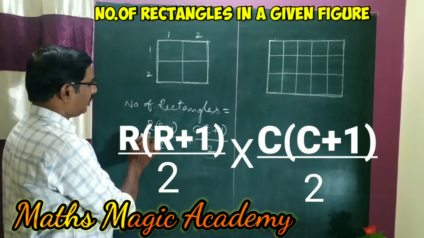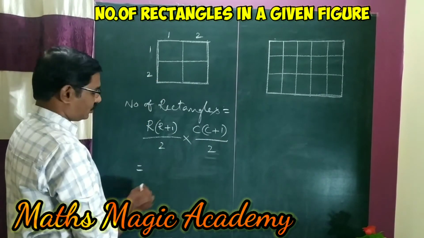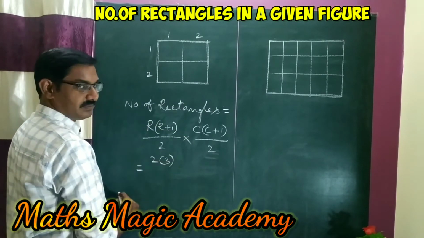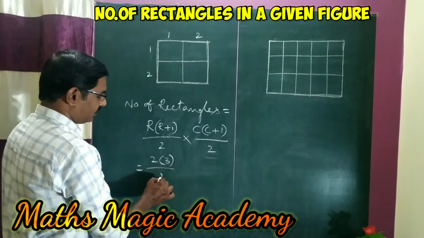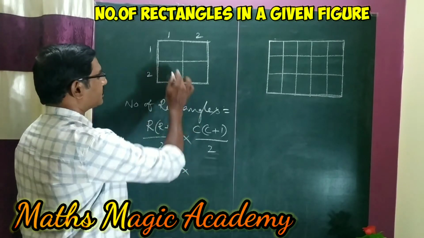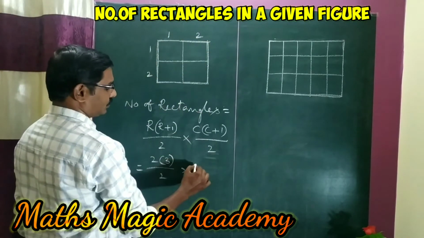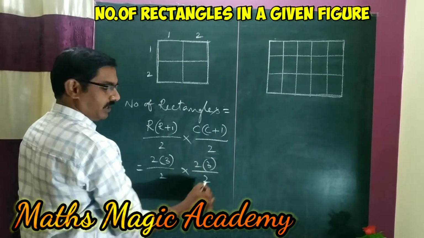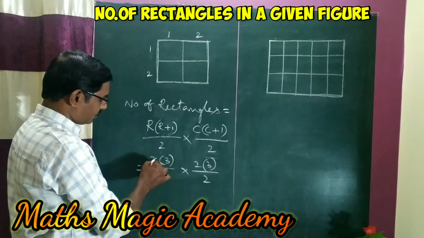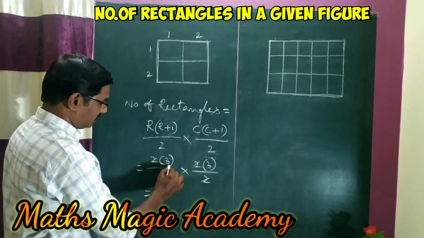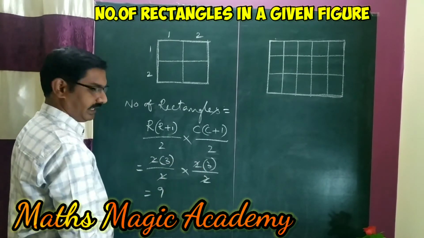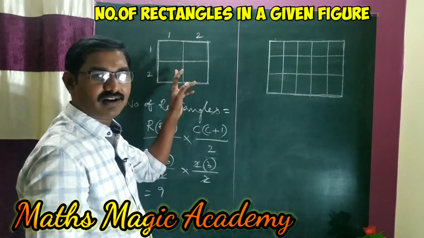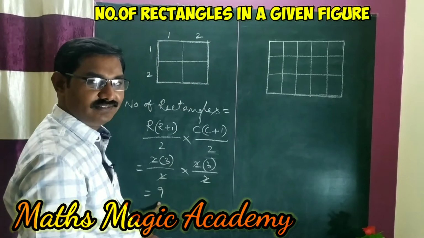Simply you can apply. How many rows are there? 2 rows. So 2 plus 1, 3 by 2, into columns. How many columns? 2 columns. 2 plus 1, 3 by 2. Just the 2s get cancelled. 3 threes are 9. So the total number of rectangles in this figure is 9.